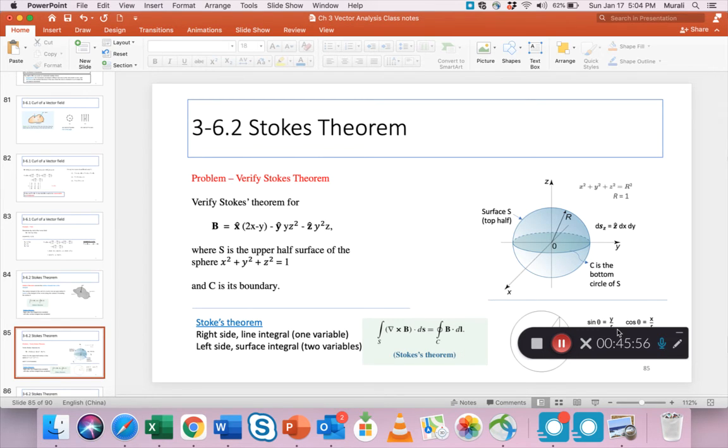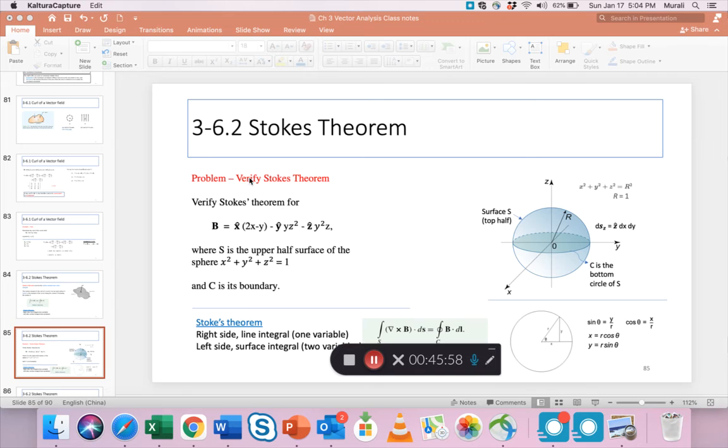Okay, so here's one problem I did, not from our textbook, from somewhere else, but here the surface to use for the left side is this top cylindrical surface. To derive the right side integral, the line integral over a closed path, that C is just the boundary, the bottom circle.